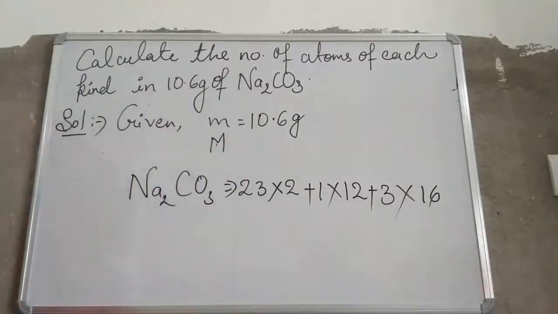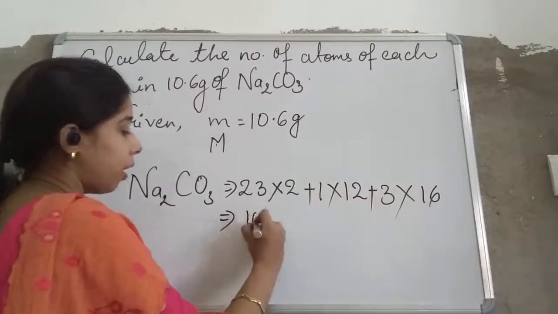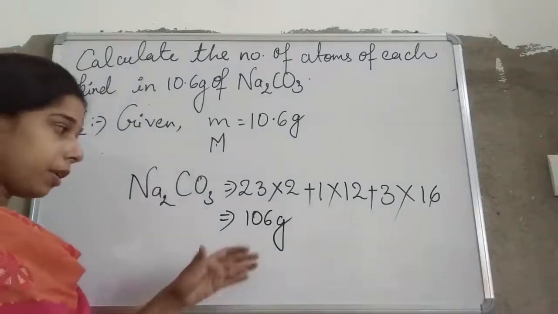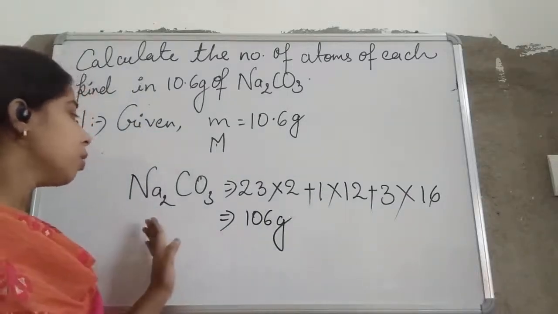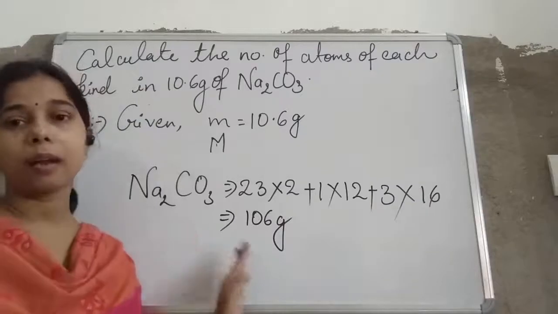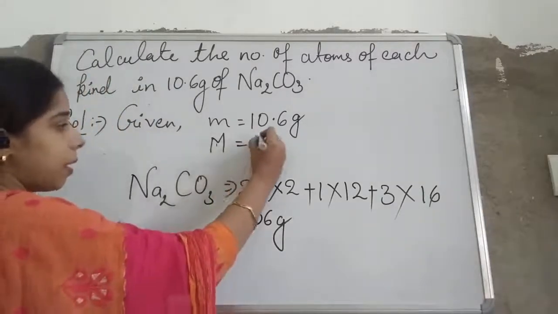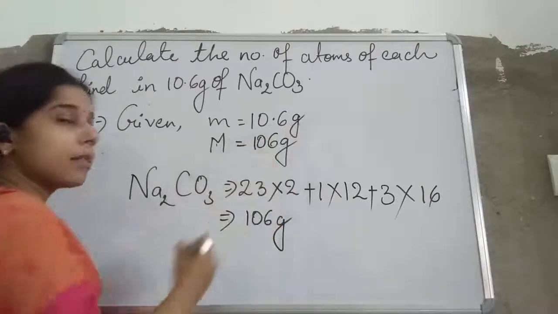Okay, students? So what will we get here? 106 gram. When you solve it, you get the molecular mass of sodium carbonate, 106 gram.